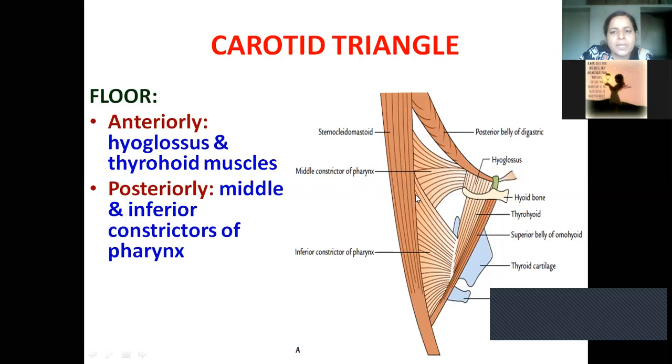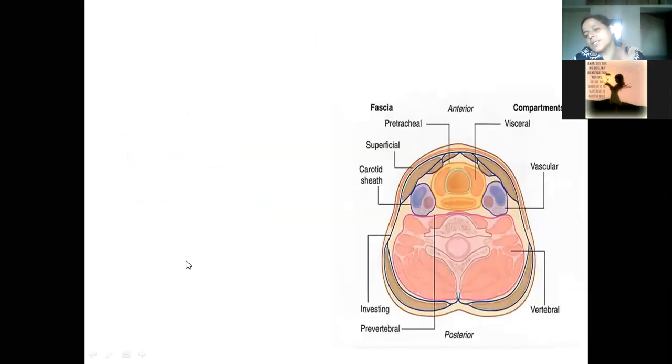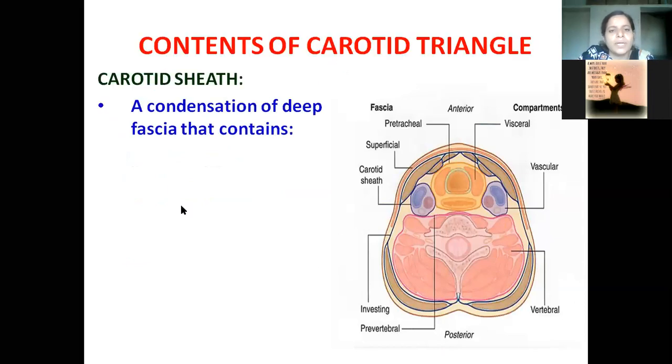This is middle constrictor, this is inferior constrictor. We know this is hyoglossus. Okay, we know this is thyrohyoid. So all these muscles are seen in the floor of the carotid triangle. Okay, the carotid triangle is a little behind. So this picture I have shown you so many times.